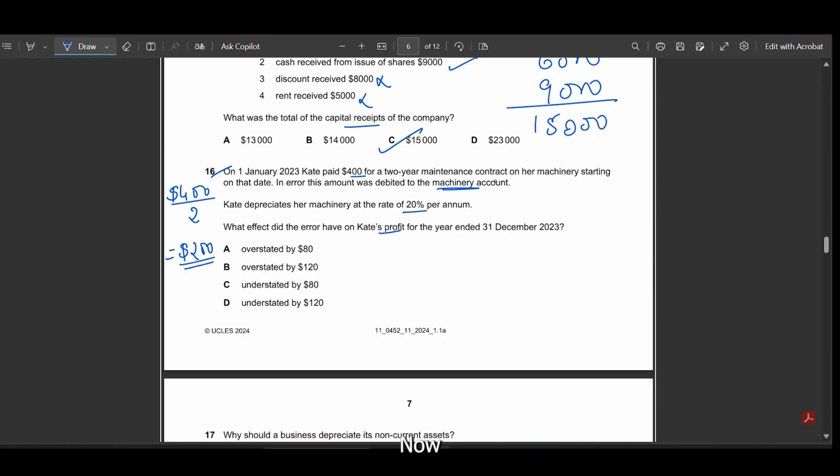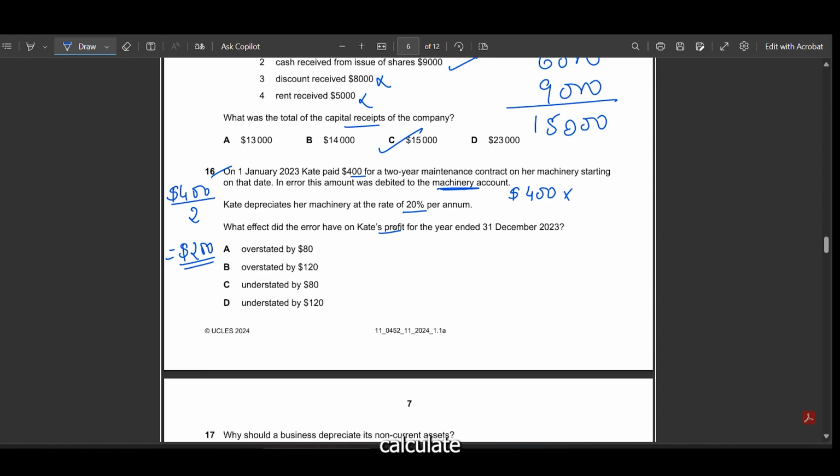Now instead of recording it as an expense, she included it in her machinery account. So somewhere down the line, the machinery account, or whatever the non-current asset was, I would say is overstated by $400. Because of this mistake, the depreciation also would have been overstated for that year.